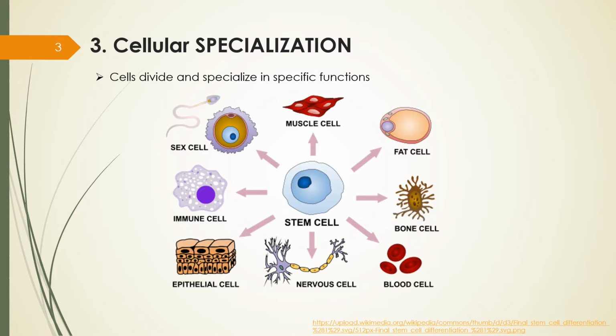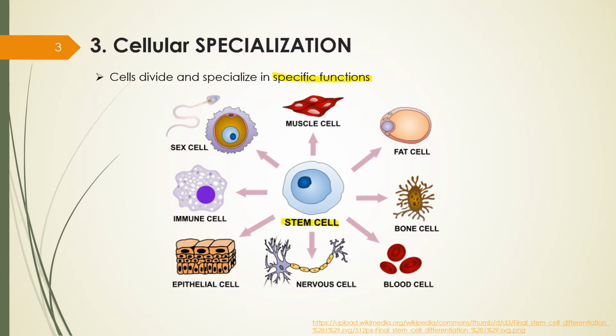Okay, why does the cell divide? So it divides to increase the number of cells, of course, but also to have specific functions. So the stem cells, the first cells, will multiply, and also will get specialized.